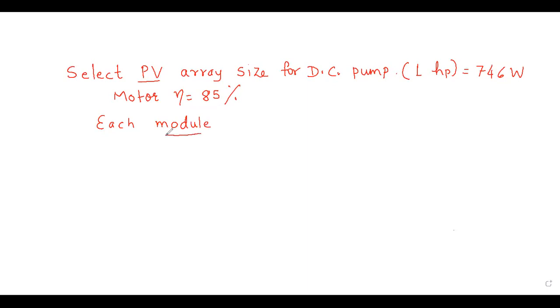A module is a combination of a number of cells. Let us say there is one module, and this module has 36 multicrystalline silicon cells.